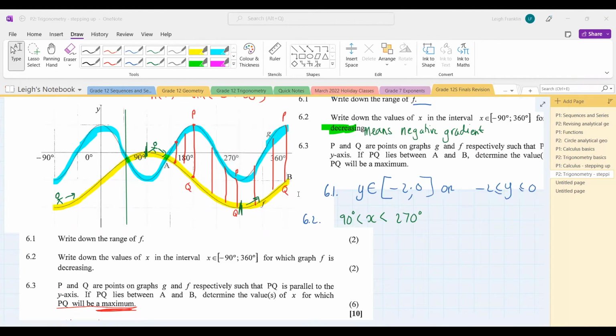In which quadrants on the Cartesian plane are we working if we are between A and B?